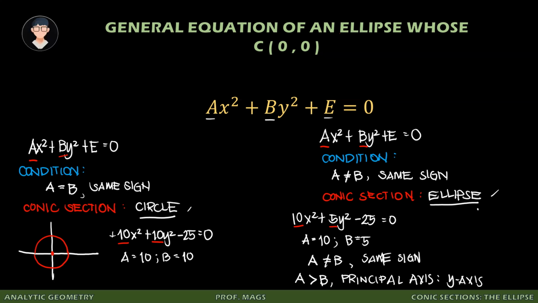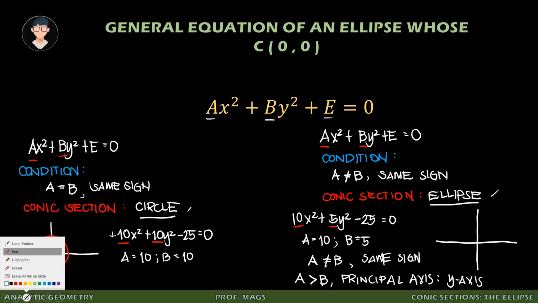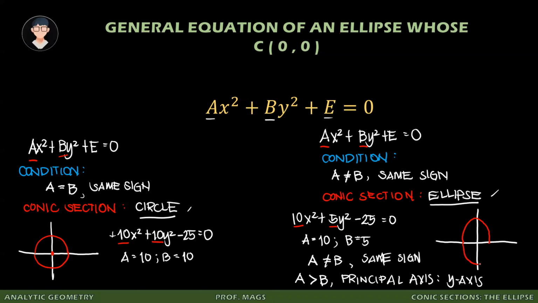So the graph would look like this. Okay, that is an ellipse.